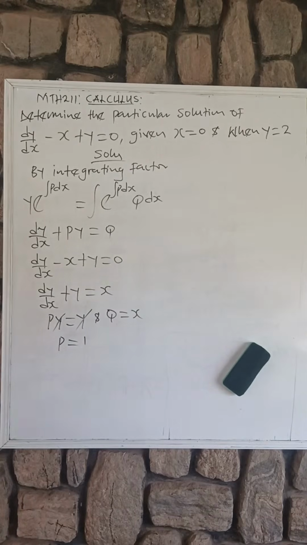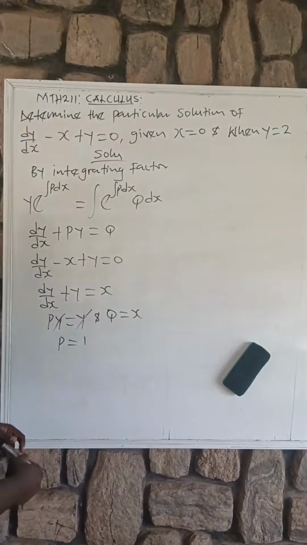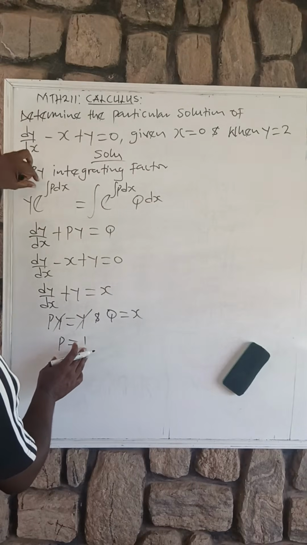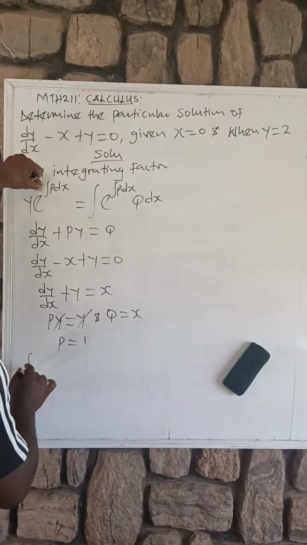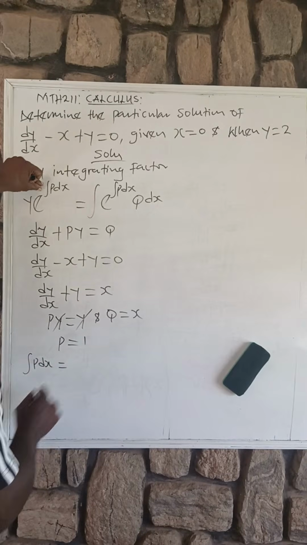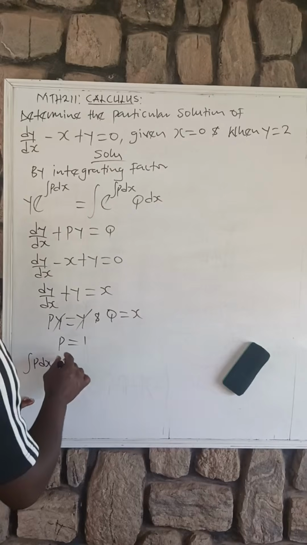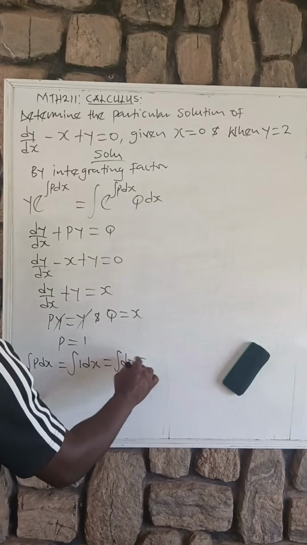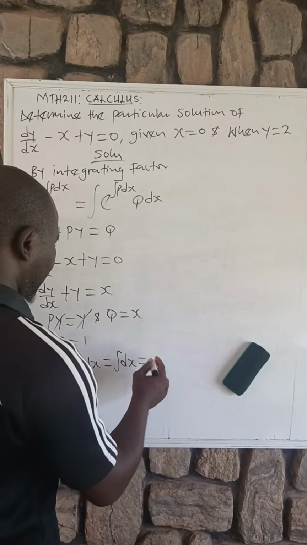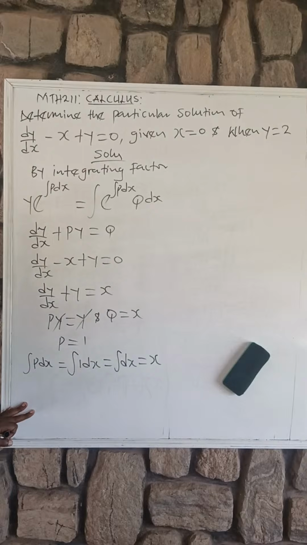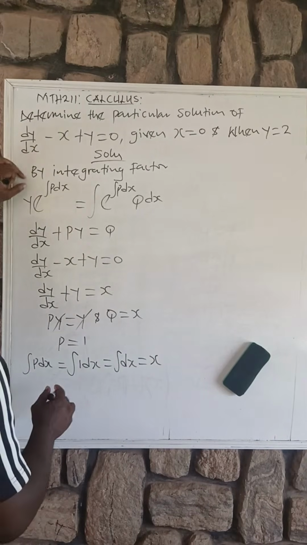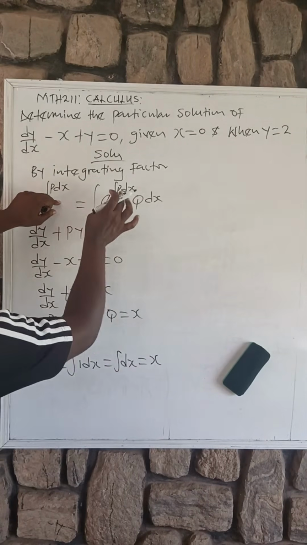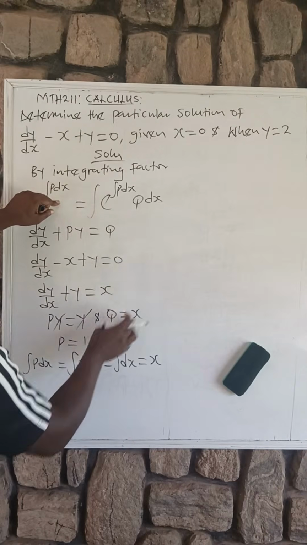So far, so good. What we need to do is substitute this. Let's recall our integral p dx, which is equal to, what is our p? P is 1, right? So integral 1 times dx is the same thing as integral dx. If you integrate dx, you are going to have x, true or false? So we have to substitute this into this formula, then our q into this formula.